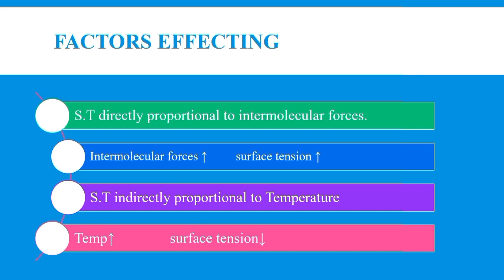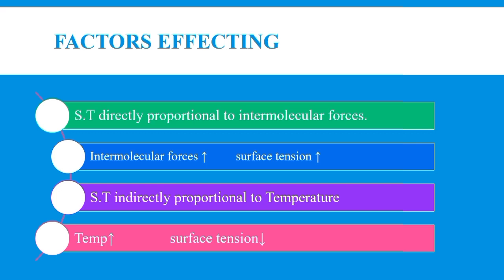Surface tension is inversely proportional to temperature, because when temperature increases, the attraction between molecules decreases. With the increase in temperature, the kinetic energy of atoms increases and they start moving with greater velocity, randomly, and the attraction between them decreases.